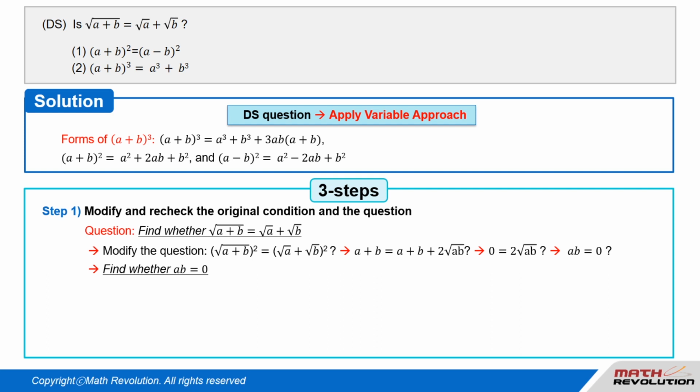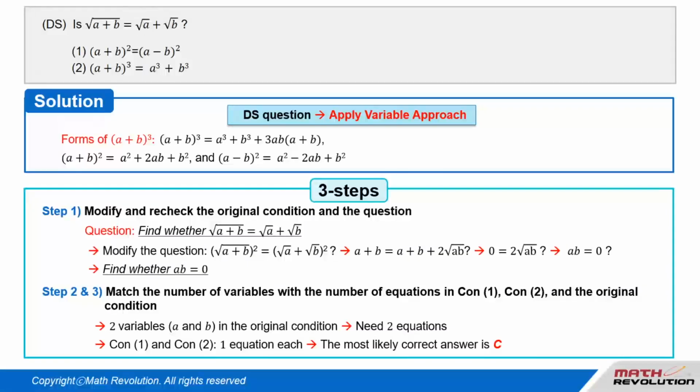A plus b equals a plus b plus 2 times square root of a times b. 0 equals 2 times square root of a times b, or a times b equals 0. Therefore, the question becomes, is a times b 0?